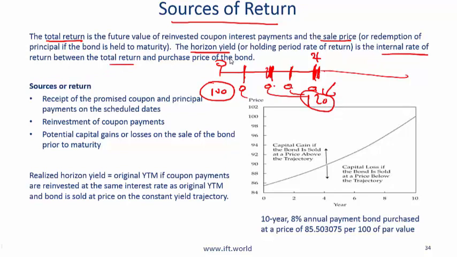So it's a fairly straightforward concept. It just boils down to IRR based on the cash flows. The 100 is your money spent, so that's the investment, and then 120 is the future value of all the cash flows. So the IRR simply connects these two numbers. That IRR is also called the horizon yield or the holding period rate of return.